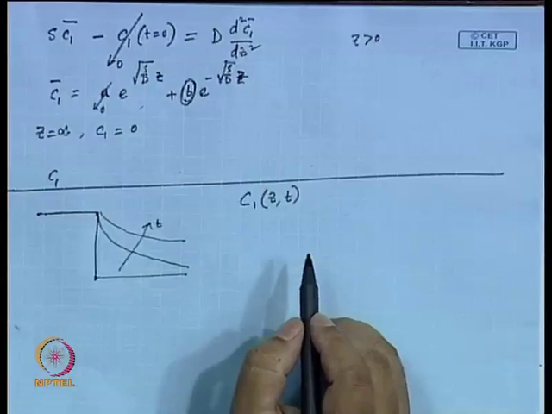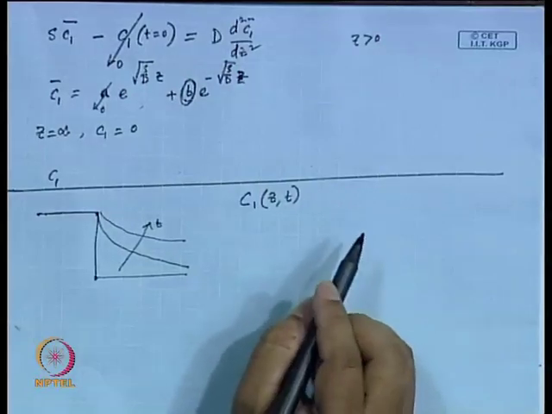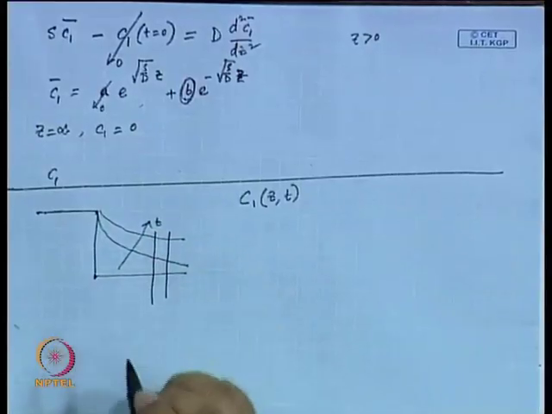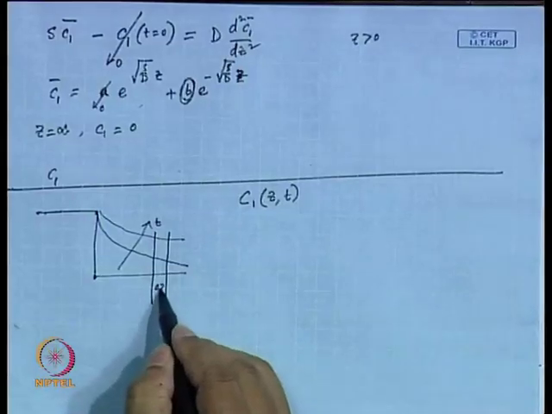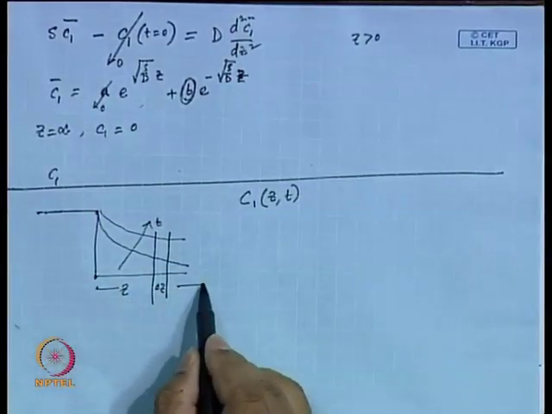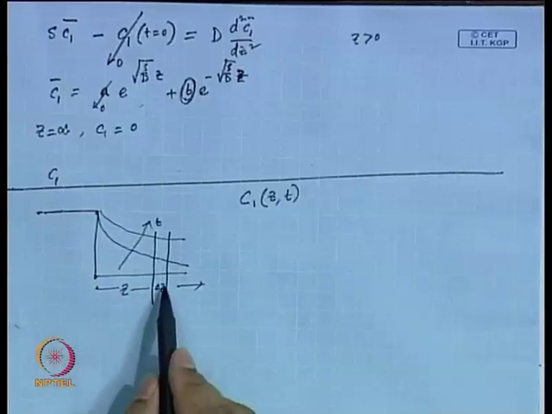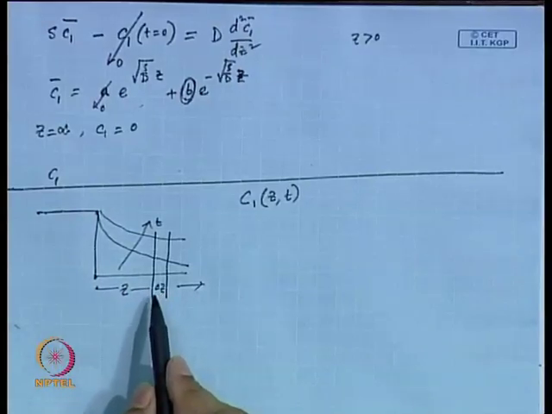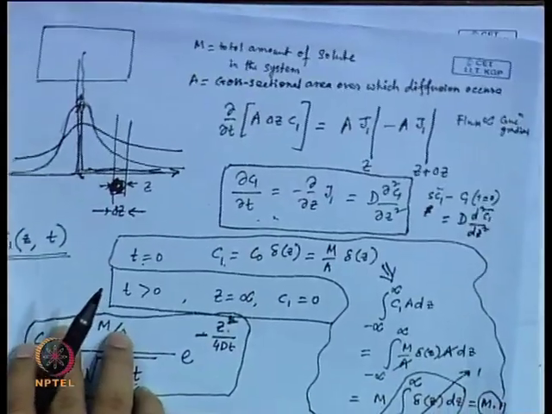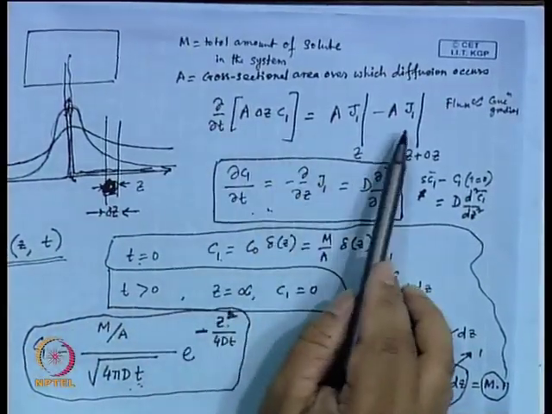Now, at the very outset I must say that when it comes to spreading of a front, we have the same governing equation arising from a differential element. That means, if you pick up a differential element of delta z at a distance z from the center, and draw a mass balance just the way you have done it last time, this mass balance would be valid.